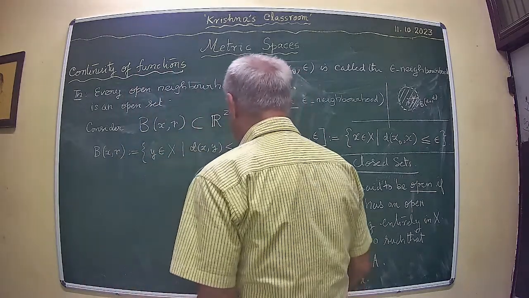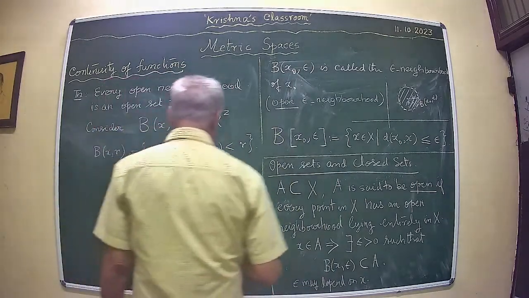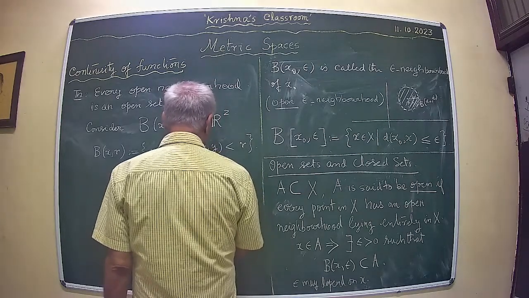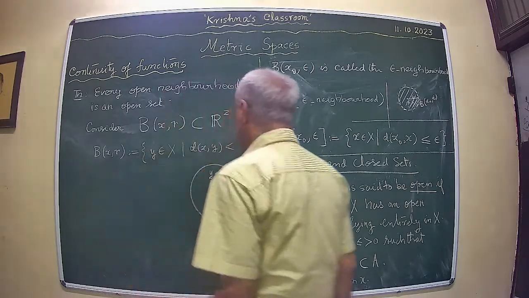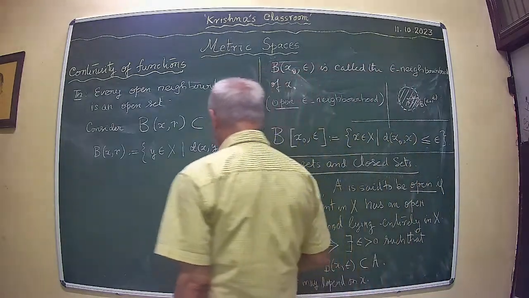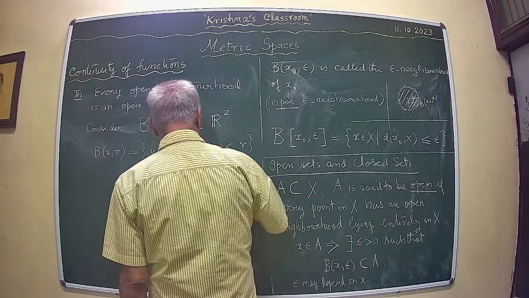Okay, this is B(x, r), right? Now what you do is, suppose you choose an arbitrary element y belonging to this. Look at the radius.